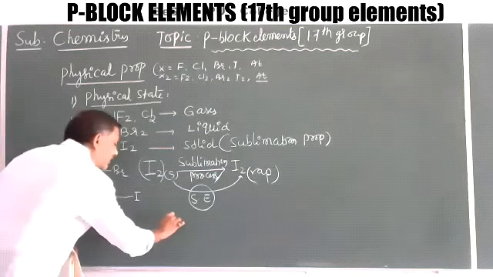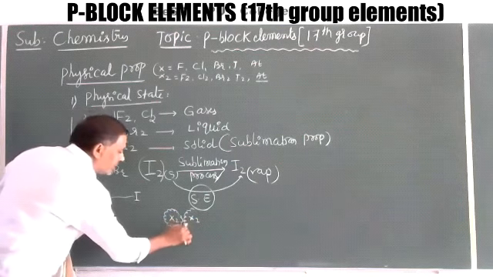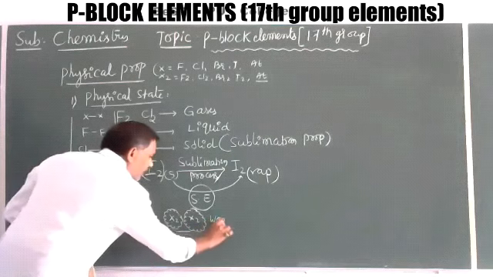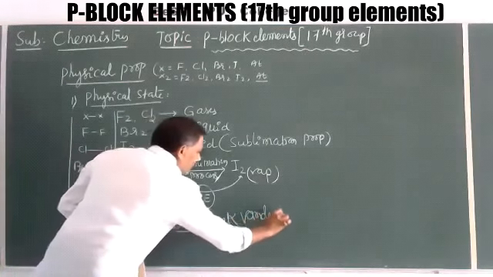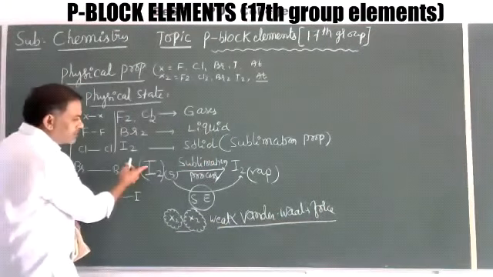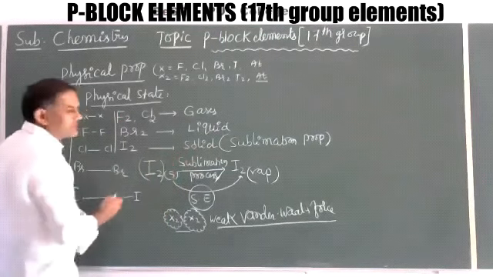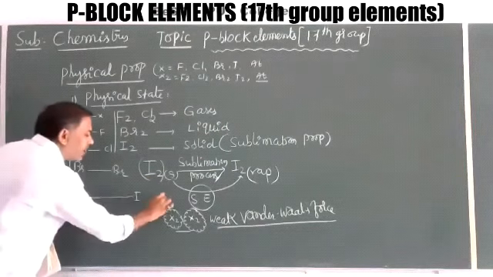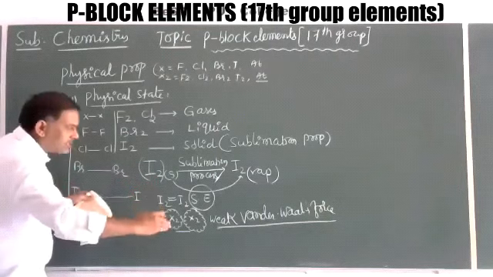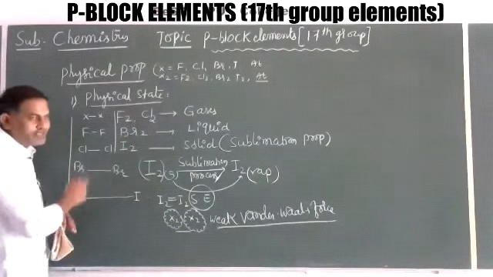Between molecules and molecules, like X2 and X2, the halogen molecule and halogen molecule, there are weak van der Waals forces. Top to bottom, size increases and the weak van der Waals forces between molecules decrease, so they easily vaporize. The reason why iodine easily vaporizes is that the weak van der Waals forces between iodine molecules are very much less than in fluorine, bromine, and chlorine.